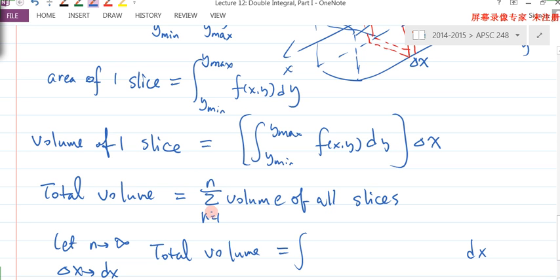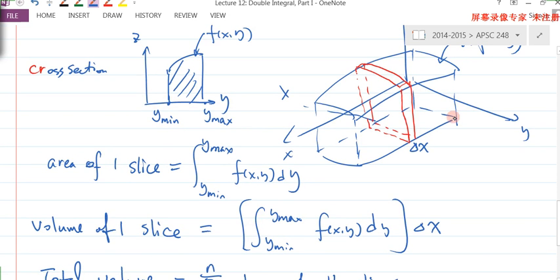So this integral is the integral corresponding to this delta x, okay? Basically, you're moving this slice from the beginning to the end. So maybe this is x min, and maybe this is x max, right? So you're moving from x min to x max.